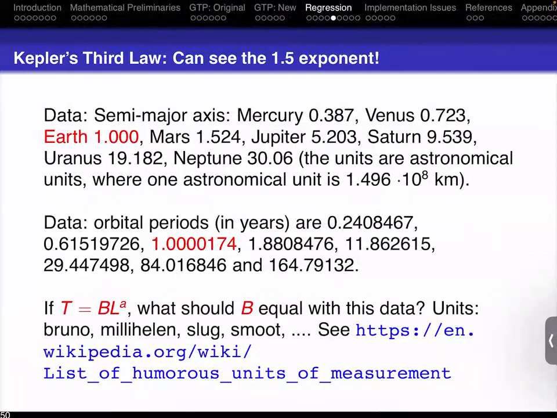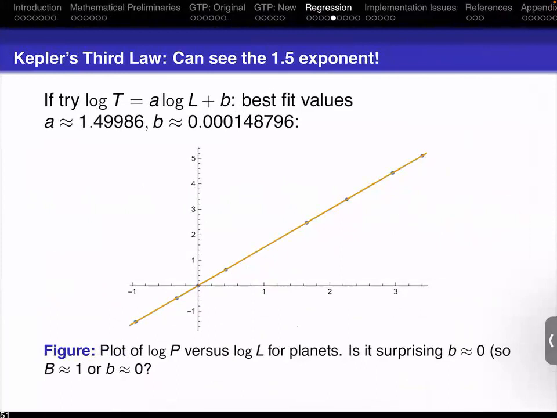And so in this unit of measurement, b should essentially be 1. And so if we actually now try to find the best fit line, we get a equals 1.49986. Okay, that's basically 1.5. And b is essentially 0. It's amazing how well this works. And so you can numerically see Kepler's law, and we're talking about on the order of 8 data points.